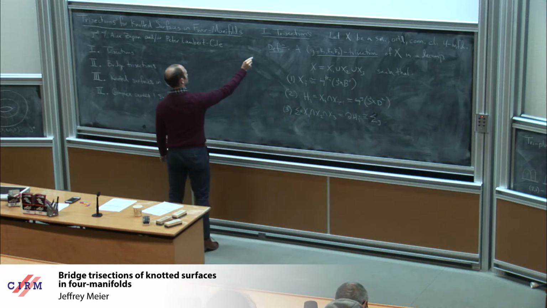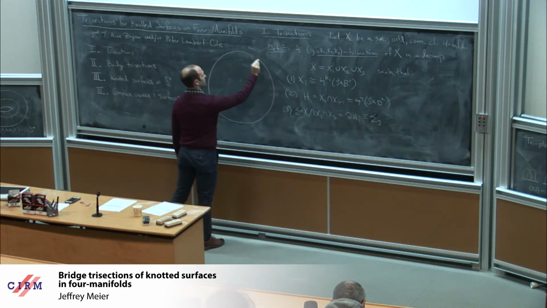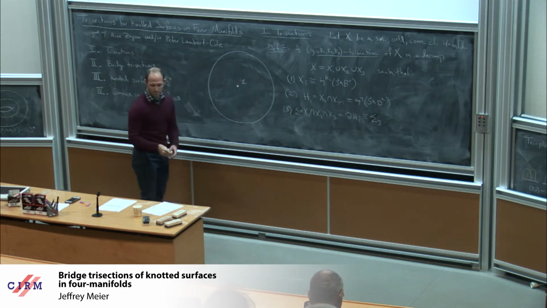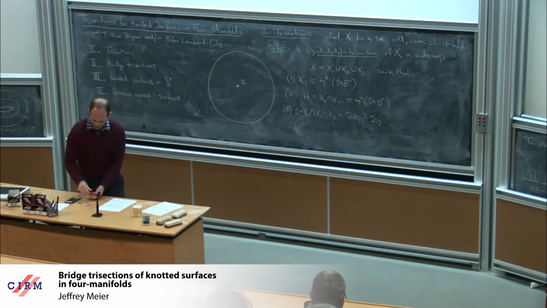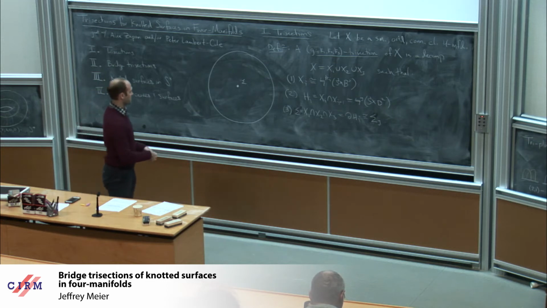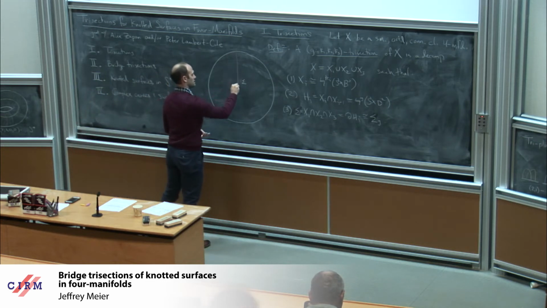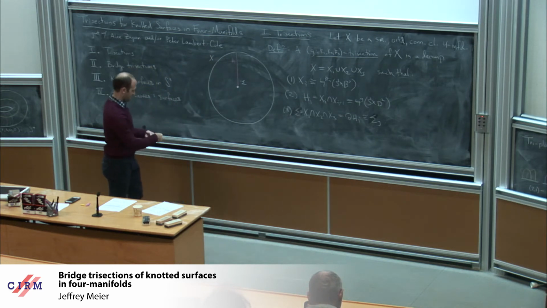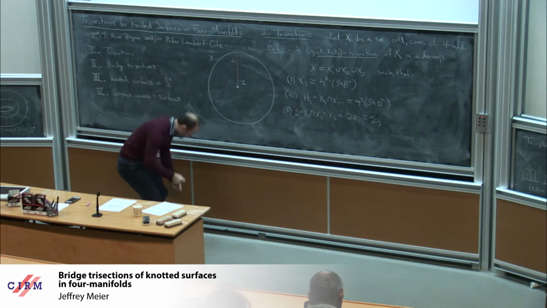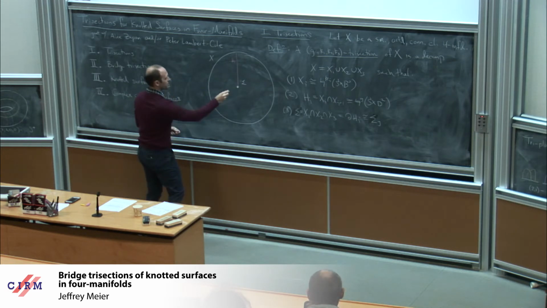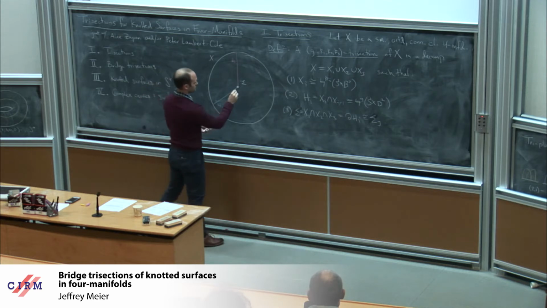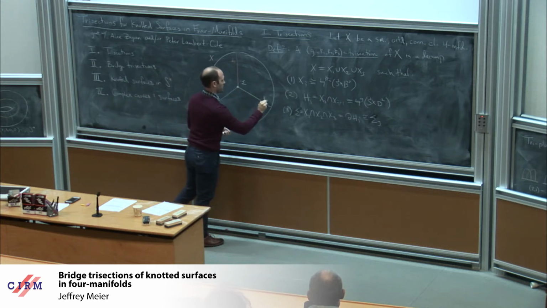So the standard schematic, which is not so useful for understanding what a trisection, or any properties about a trisection really, but it is useful for keeping track of the notation, is that we have a surface sigma in our four-manifold X, and the surface is sitting in the middle, and it bounds three handlebodies, H1, H2, and H3.